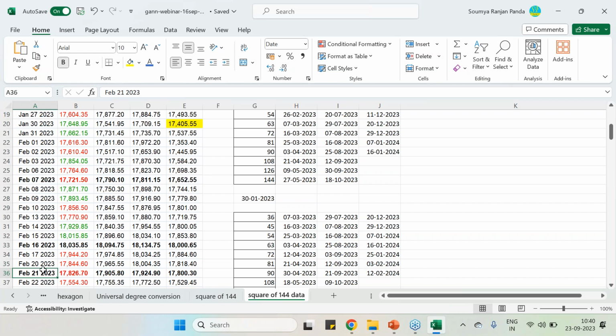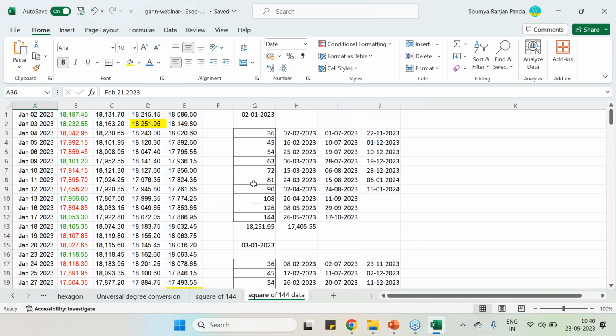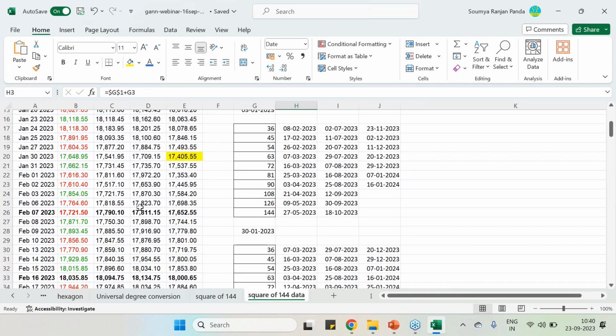That is what it says. If I go with calendar days instead of 36 trading days, then on 7th February a trend change date is happening. So by this process I can go on adding trading days and calendar days, and calendar days is more preferable here.